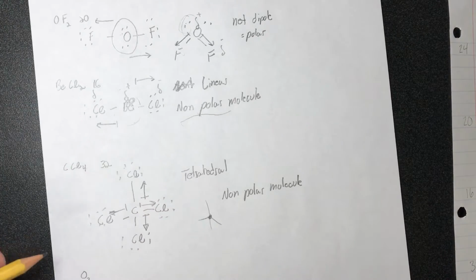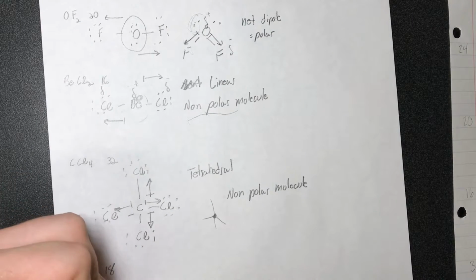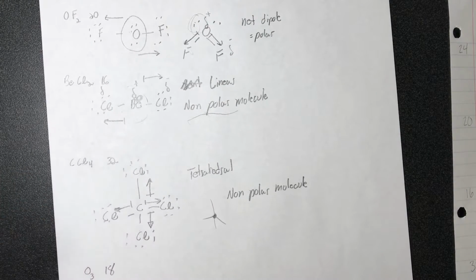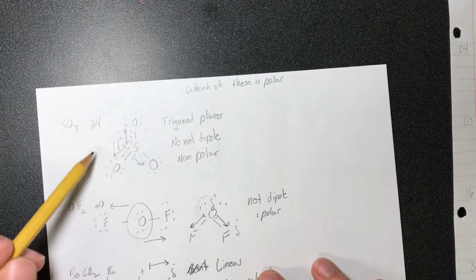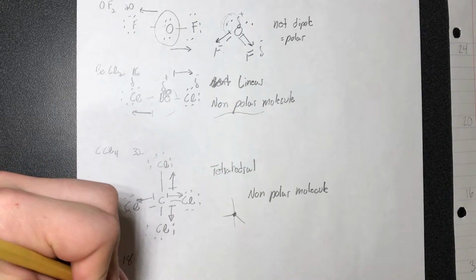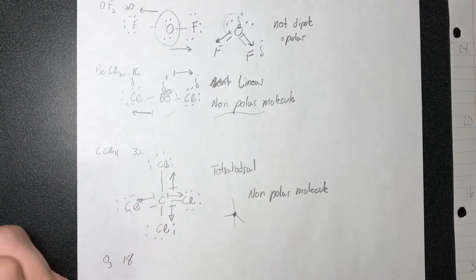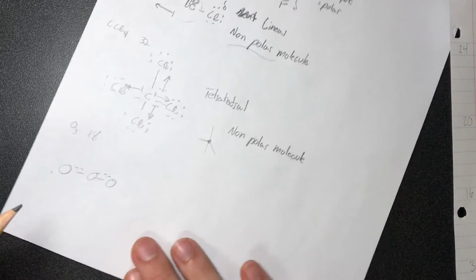And the last thing we have here is O3, which has 18 electrons. Like the first molecule that we talked about, you're going to have a half bond right here, which we draw by the dotted line. Make sure to watch those. Oh, my bad. There you go.